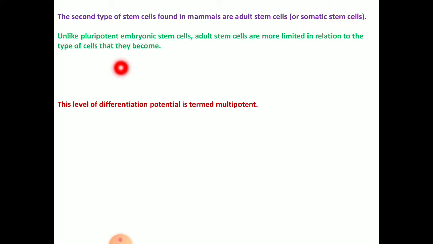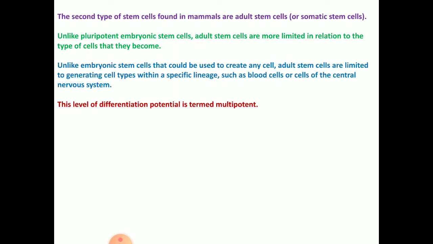Unlike the pluripotent embryonic stem cells, adult stem cells are more limited in relation to the type of cells that they become. So the adult stem cells give rise to a limited number of other kinds of cells.